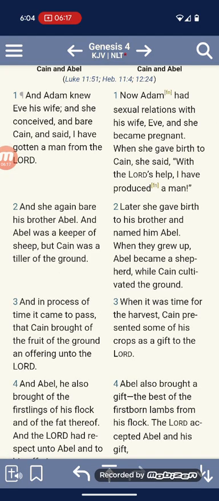It says, and Adam knew Eve, his wife, and she conceived. So once they had sex, she conceived and bare Cain and said, I have gotten a man from the Lord Yahweh. So because I like looking up names, I want to know what Cain's name means.